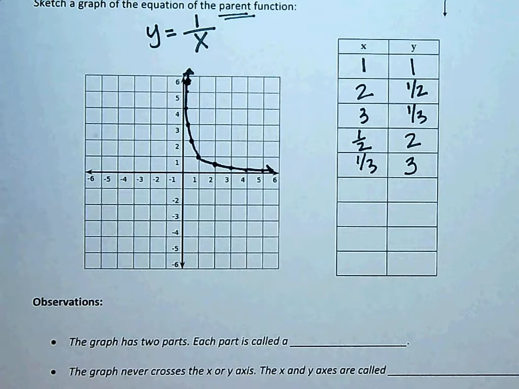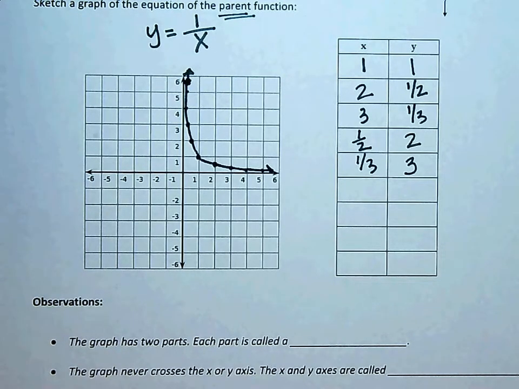Okay? Touch this. Because what is this value? What is the... 0. So it's the y-axis. It has the x value of 0. Okay? What happens when you plug 0 in here? Well, put it in your calculator and see. 1 divided by 0, right? And what do you get?